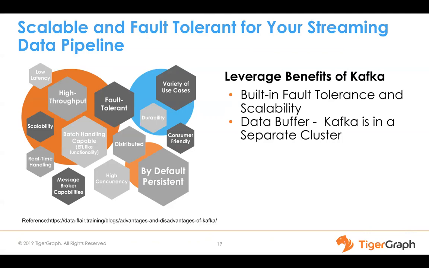The Kafka framework will help us to be that buffer. There are quite a few benefits here from the Kafka ecosystem. The high throughput, the low latency, the real-time handling, high concurrency. I encourage you to read more about Kafka framework and how that could help you to import data to TigerGraph system.